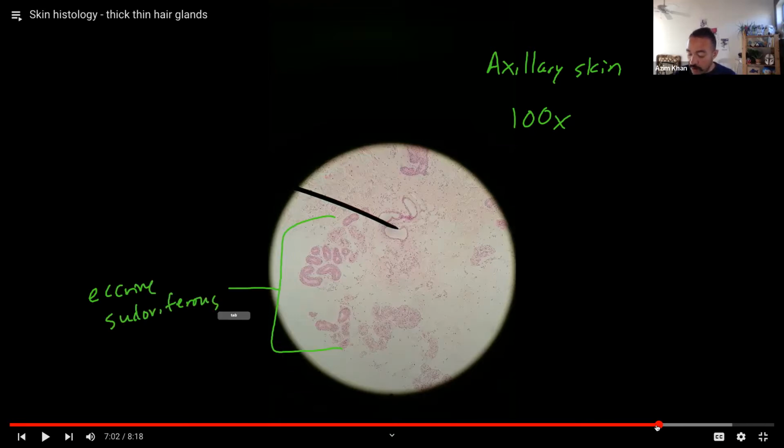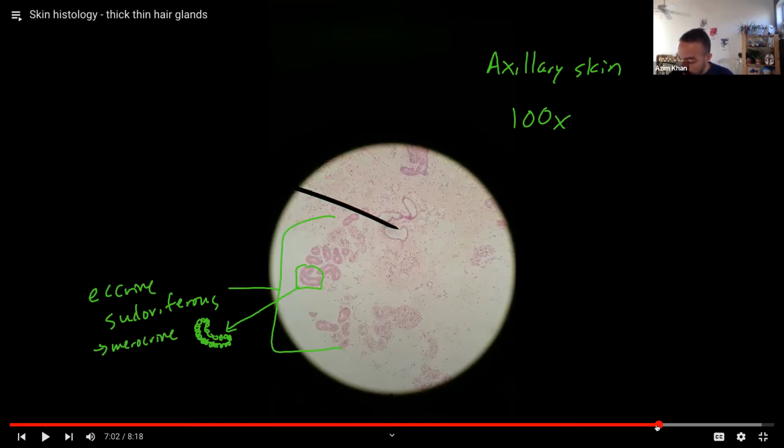Note how the lumen, I can sketch out what this looks like. The lumen is relatively small. That's eccrine pseudoriferous, which is a type of merocrine secretion. It's the watery sweat.